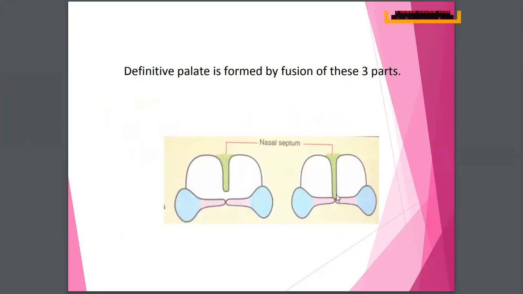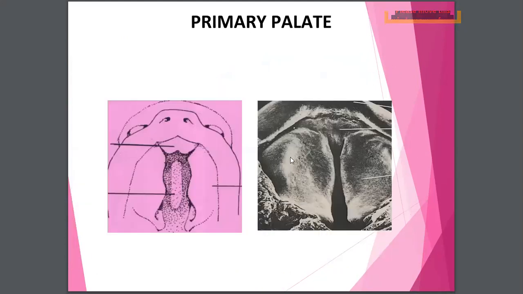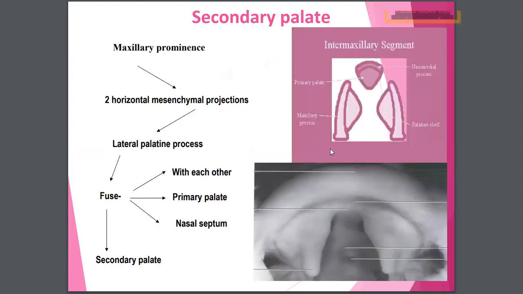These palatal processes will fuse with the nasal septum. Because of the fusion, the mesenchyme will completely ossify to form the hard palate, and the posterior unossified area will remain as the soft palate. These are the palatine shelves now fusing in the middle, and this is the premaxilla area, which is the primary palate.